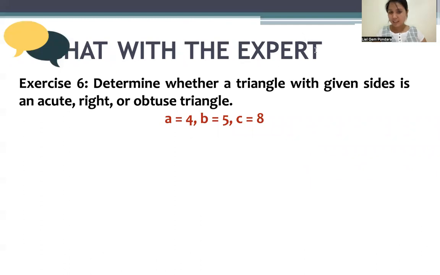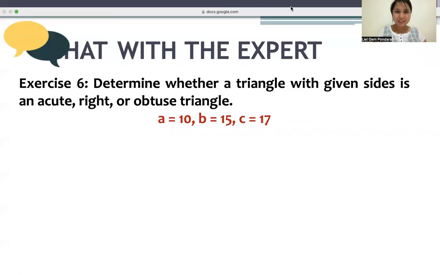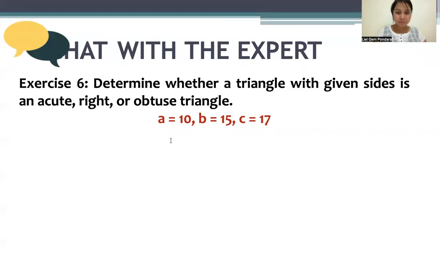Next, let's go to the next one. A is 10, B is 15, and C is 17. Ready? We have c squared, and we're finding its relationship to a squared plus b squared. Our c is 17, we square that.